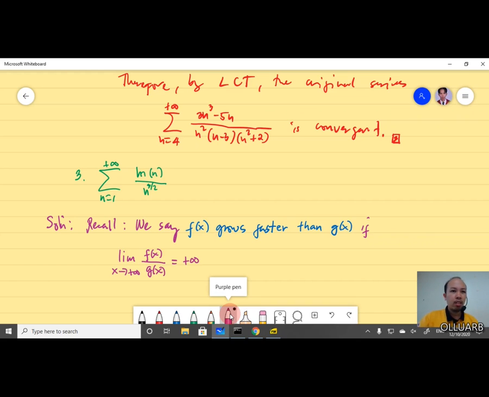Meaning to say, if the limit of f of x over g of x is positive infinity as x approaches positive infinity, then f of x grows faster than g of x.